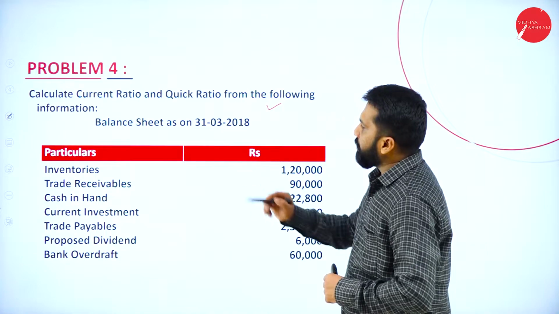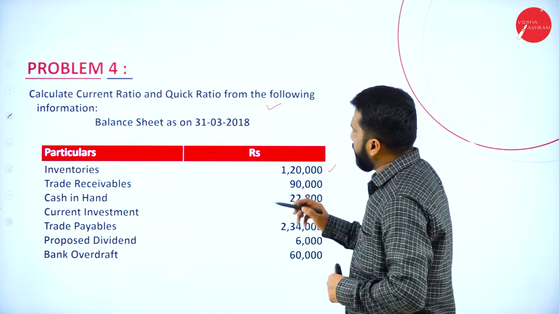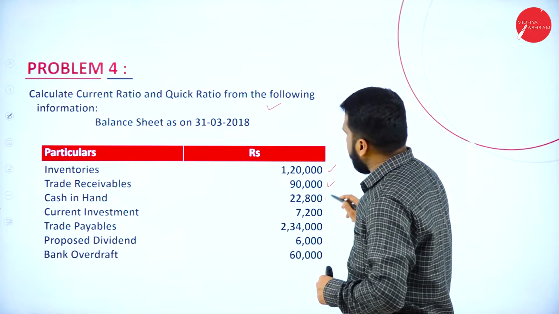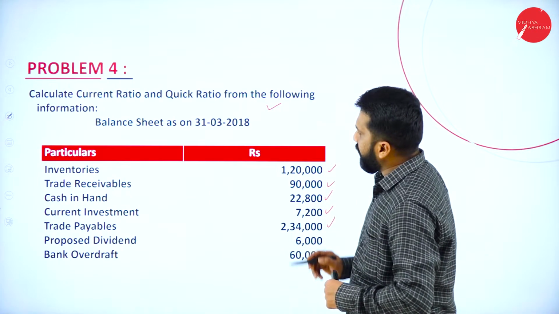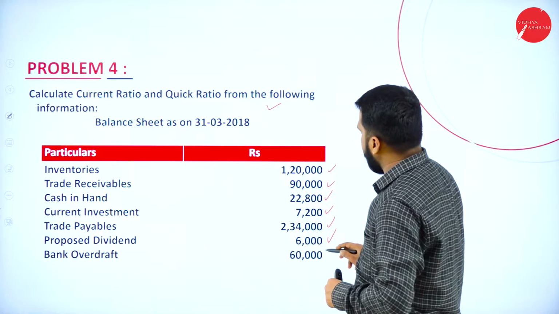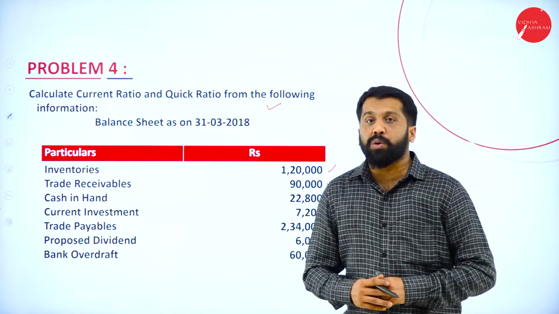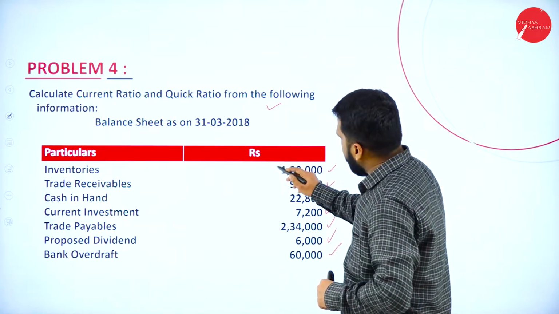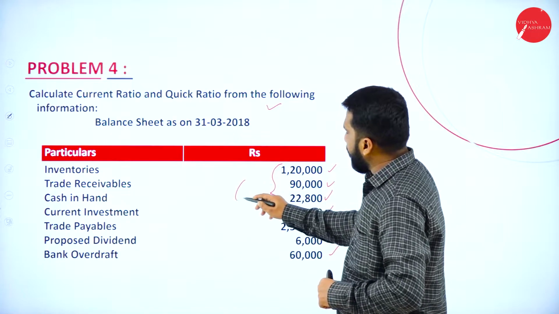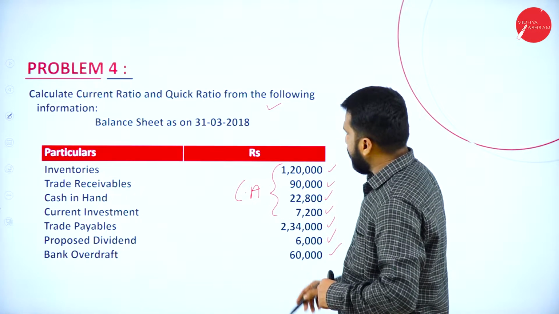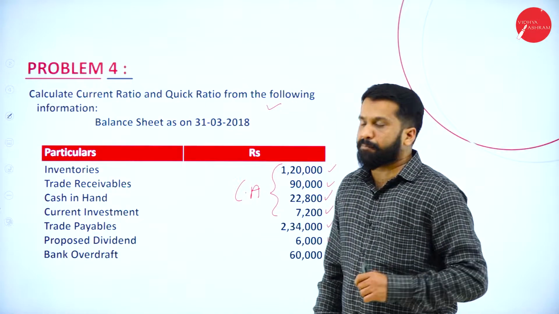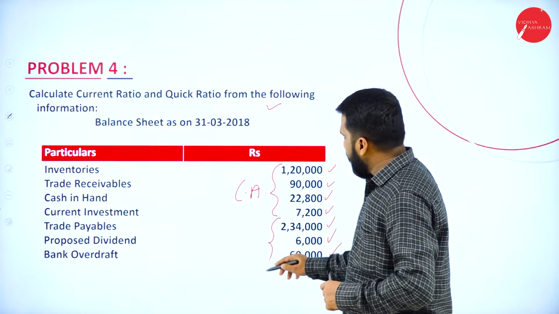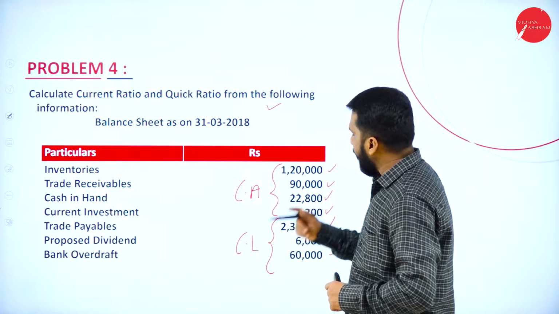Now, as per this, we have inventory, trade receivable, cash in hand, current investment, trade payable, proposed dividend, as well as bank overdraft. Out of this, these things we call current assets. So, trade payable, proposed dividend, and bank overdraft, we call current liabilities.